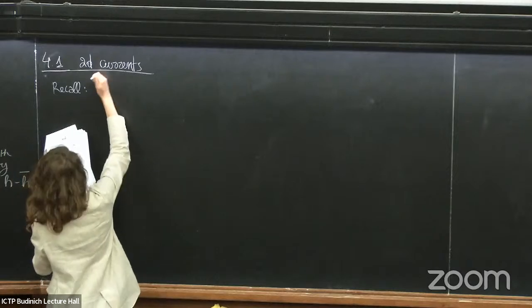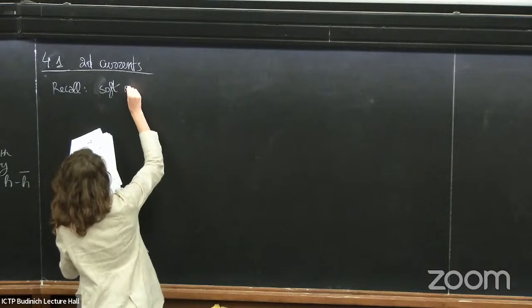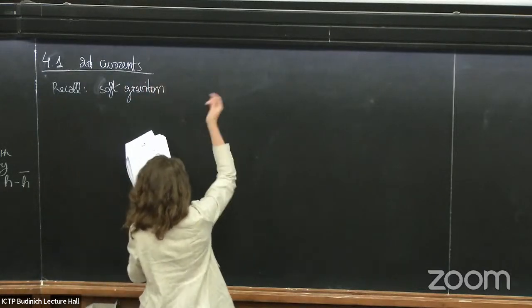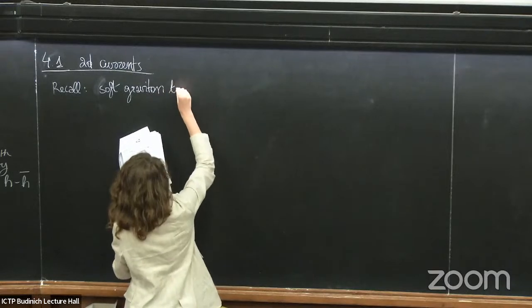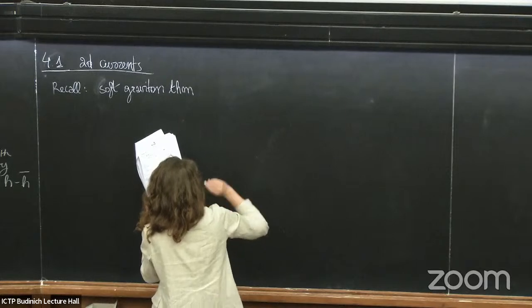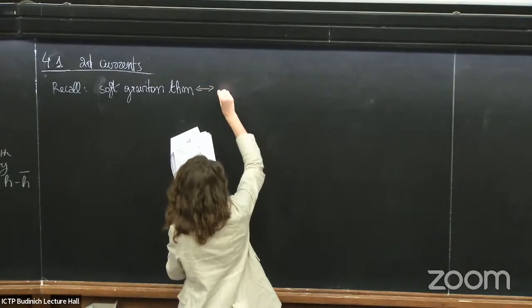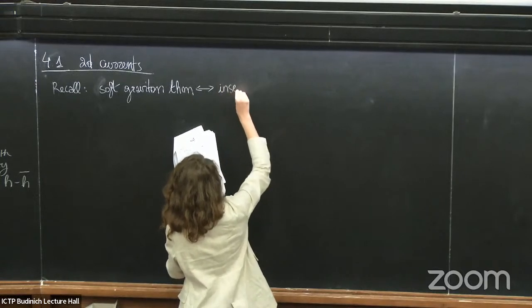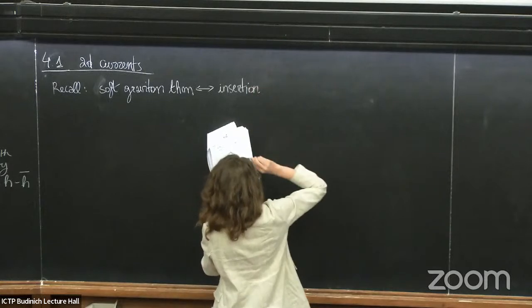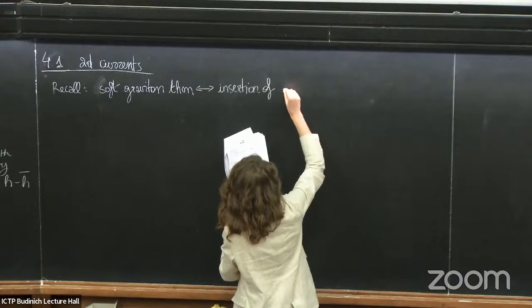I will mostly present the current for gravity, but I will sketch also the story for the soft photon theorem. So the soft graviton theorem can be interpreted as some insertion of a current.